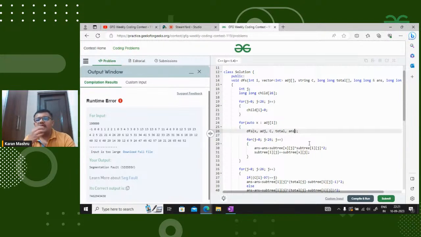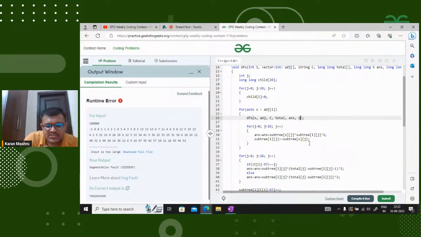We cannot take the array of size n star 26. That's the problem we are getting. So I need two things: one, the count of the characters in one branch at a time, and the total count of characters in the current subtree, right?